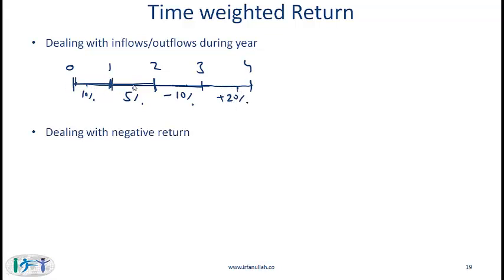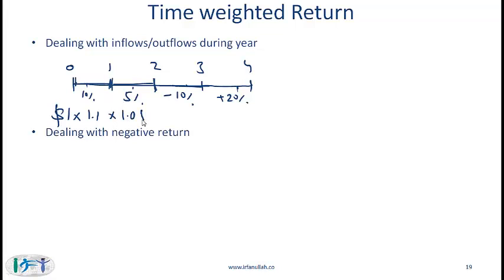So what we do is, for each sub period within a year, we compute the returns, and then we figure out what happens to a dollar invested at the start of the period. What is the overall return? And the calculation is straightforward. We multiply this by 1.1, because if there is a 10% return in the first quarter, then the dollar becomes equal to dollar times 1.1, which is 1.1.